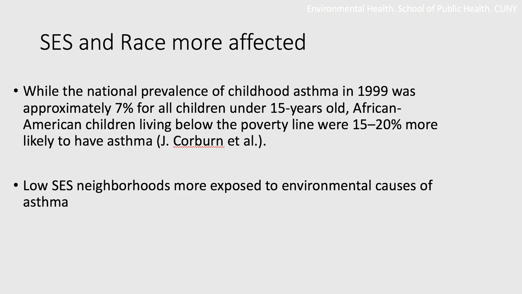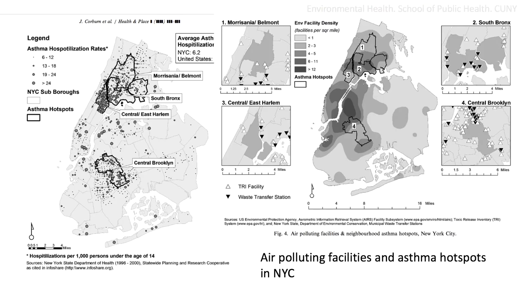Being African American and Hispanic are also risk factors. Please pause the video and look at these maps for a moment. You will notice that those areas with more air polluting facilities have higher hospitalization rates.